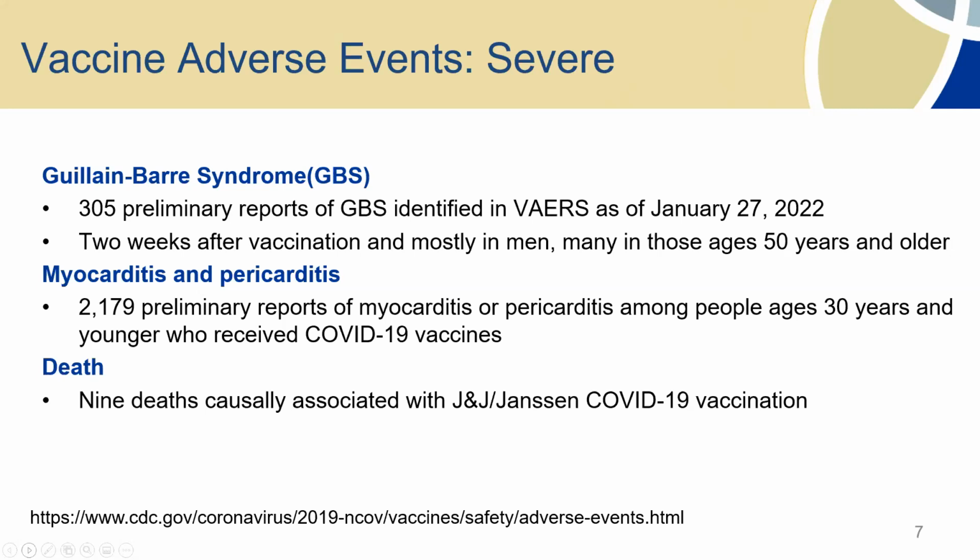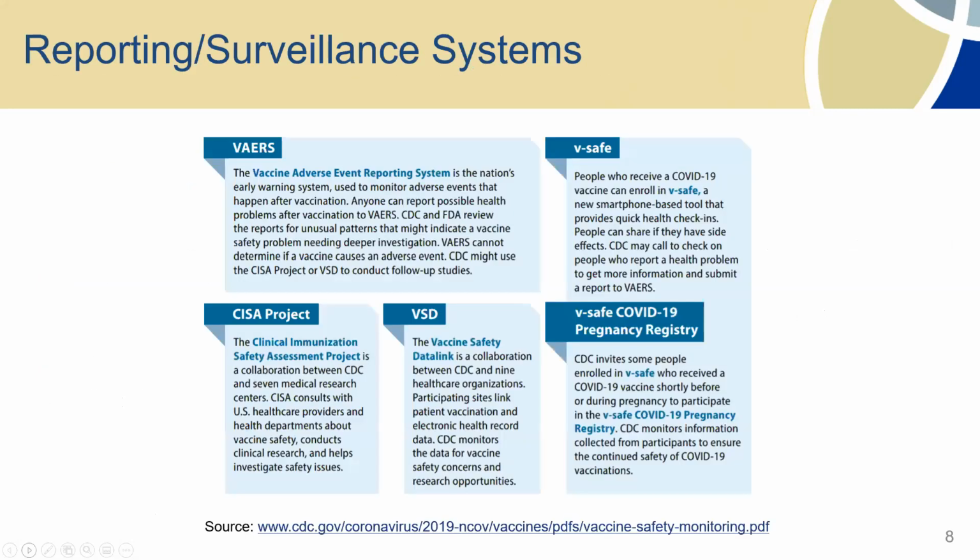And then we have, as I mentioned earlier, seen a few deaths specifically related to the J&J vaccine. Next slide. So these are just the different reporting systems that are available for vaccine adverse events.